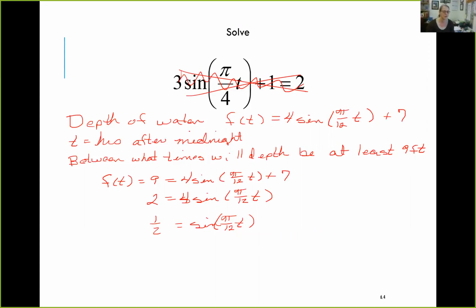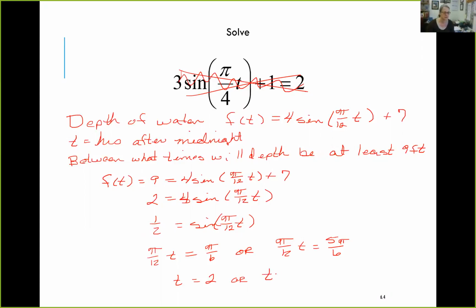No. So whatever is inside my function, in this case pi over 12 t, is going to equal pi over 6 or 5 pi over 6. So that means t equals 2 or t equals 10.